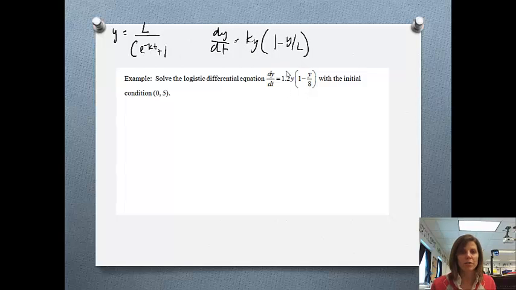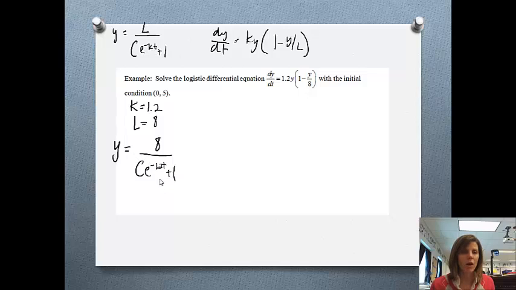So we're going to try to pull pieces from the differential equation to help me with this. I notice just by matching up parts of the formula that k is going to be 1.2, and I also notice that L, the carrying capacity, is going to be 8. So my formula will look like y equals 8 over C e to the negative 1.2t plus 1.